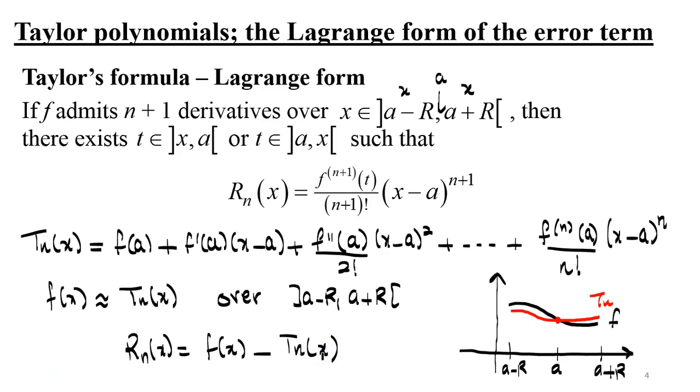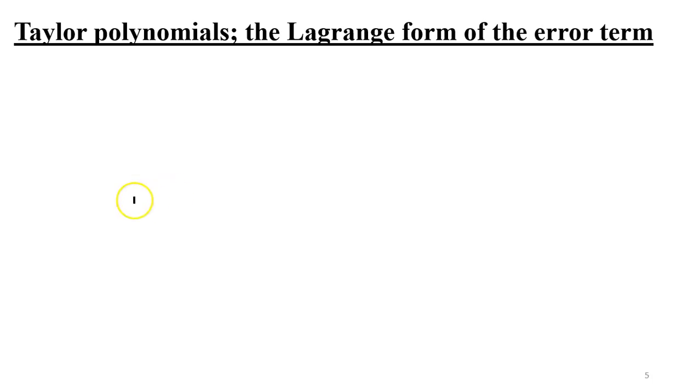Now let's study the value of the remainder at a, as well as its derivative at x equals a, because we will need these later on. So let me rewrite that: the remainder Rn of x is f of x minus Tn of x.